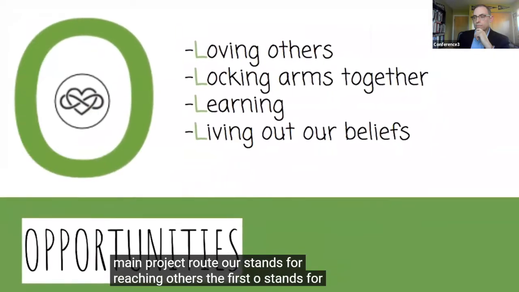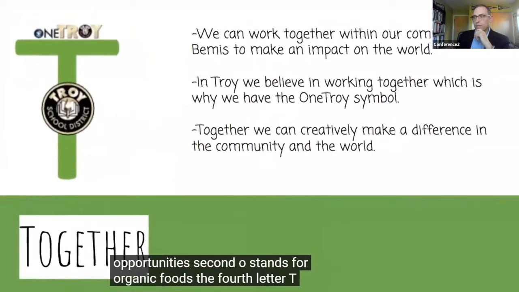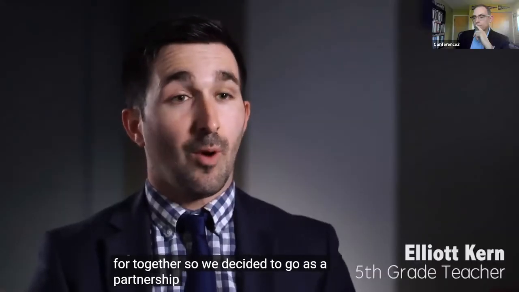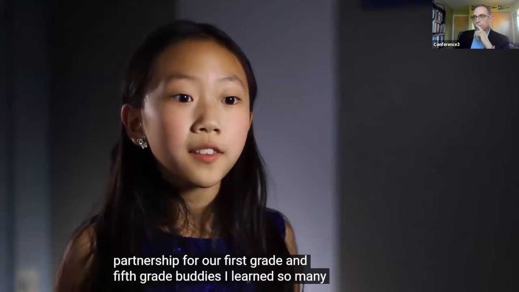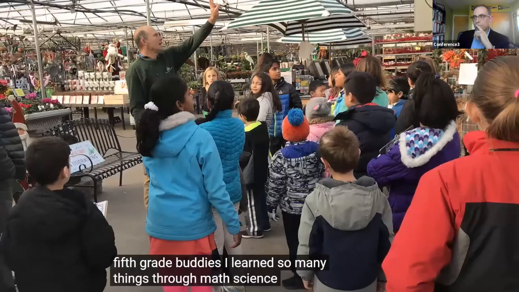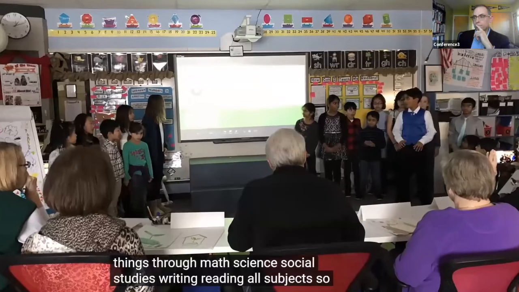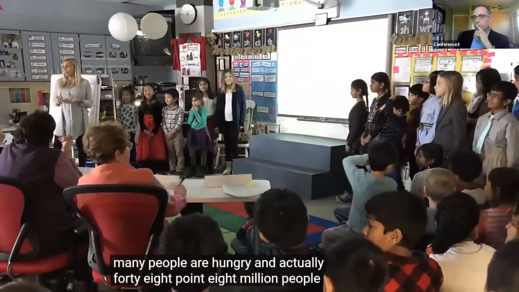The first O stands for opportunities. Second O stands for organic foods. The fourth letter T stands for together. So we decided to go as a partnership for our first grade and fifth grade buddies. I learned so many things through math, science, social studies, writing, reading, all the subjects. So many people are hungry, and actually 48.8 million people are in hunger.